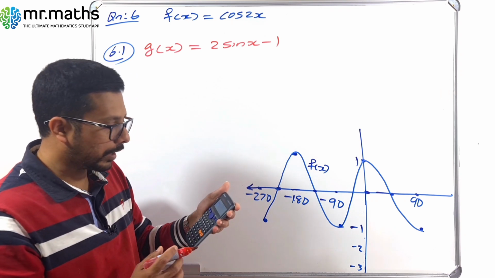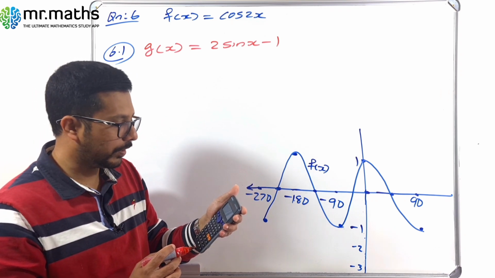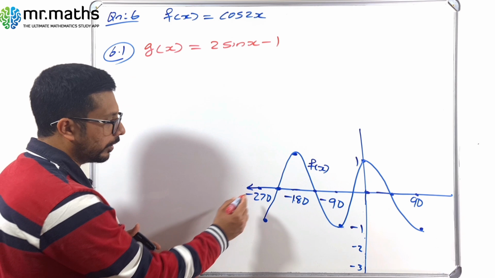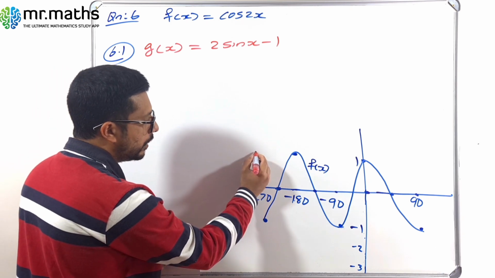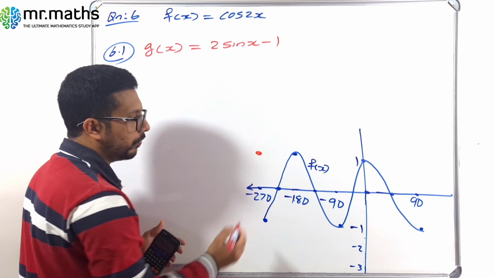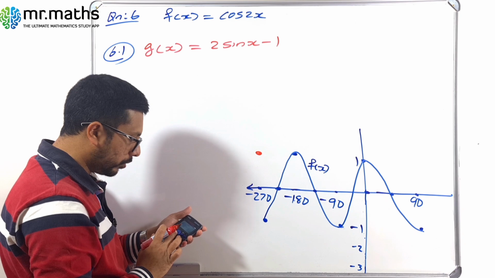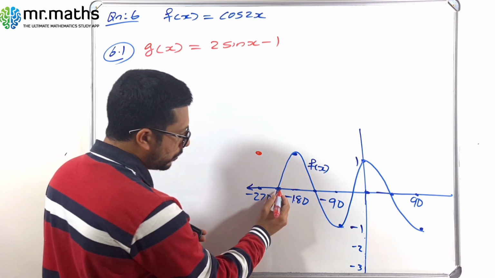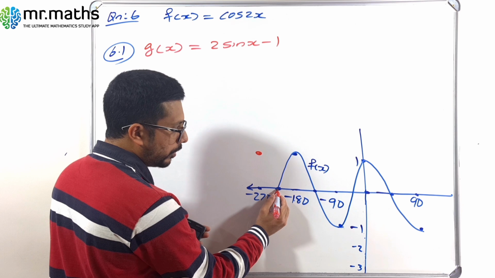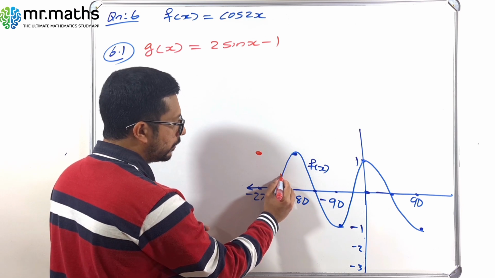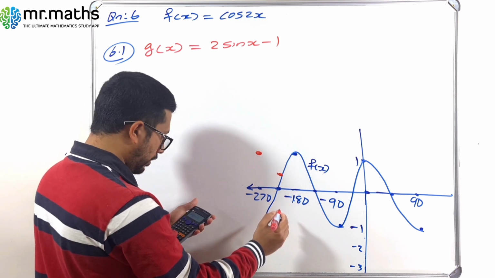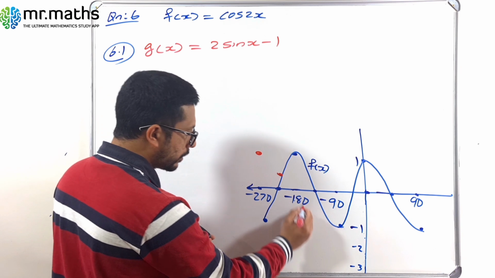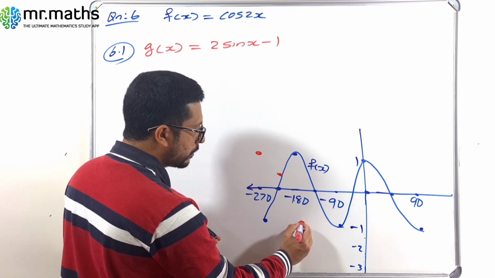So what is the corresponding point for minus 270? Positive 1. Then minus 225, 0.41, that is this point, 0.41 somewhere here. Then minus 180, minus 1, that is this one.